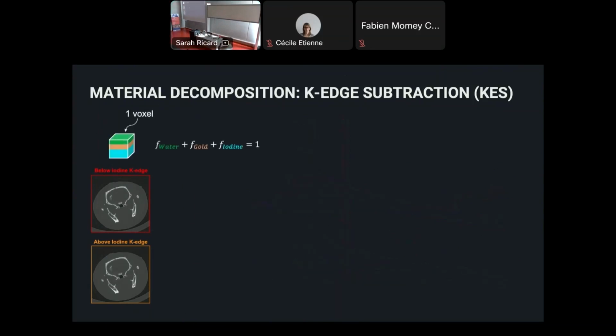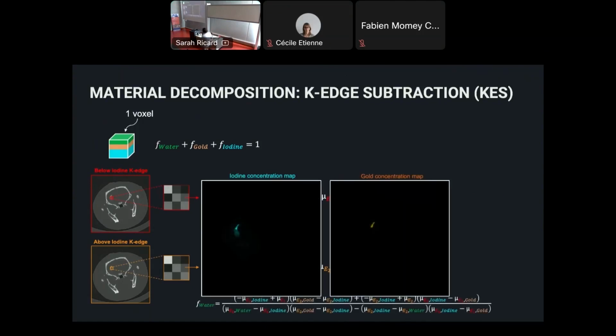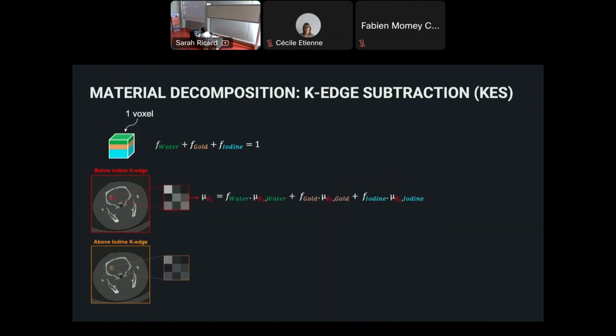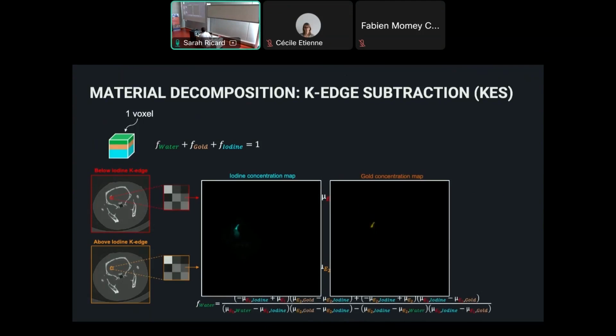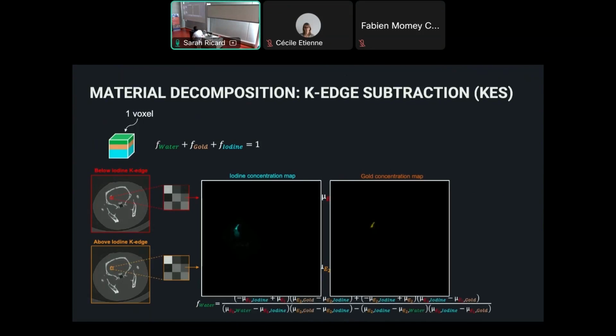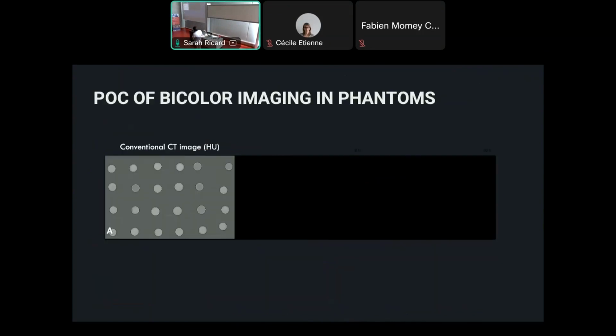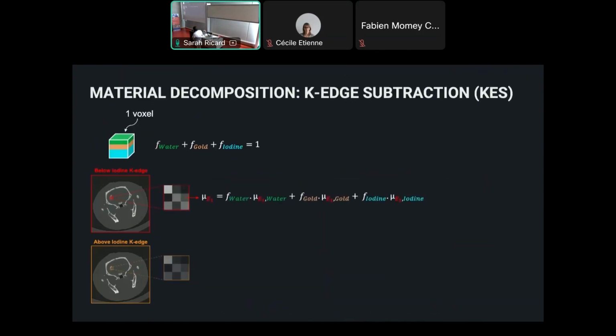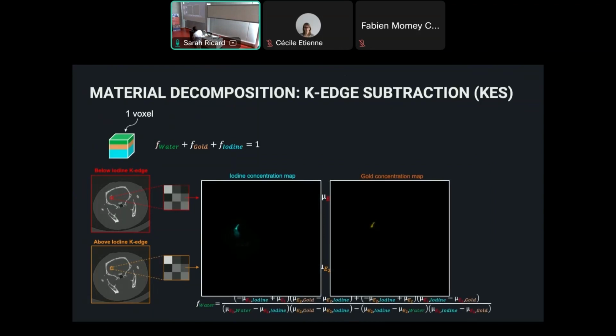And then what we do is a simple linear system. In each voxel, we assume that you have a fraction of, for instance, iodine, gold, and so on. For one energy, you express the attenuation that you measure by a fraction of those materials times their attenuation.